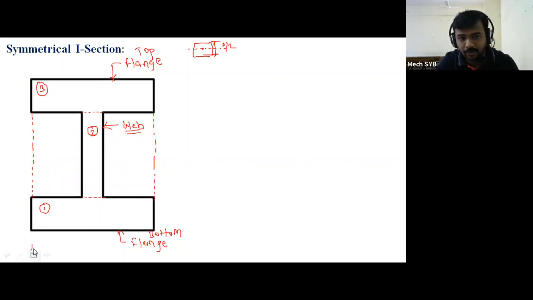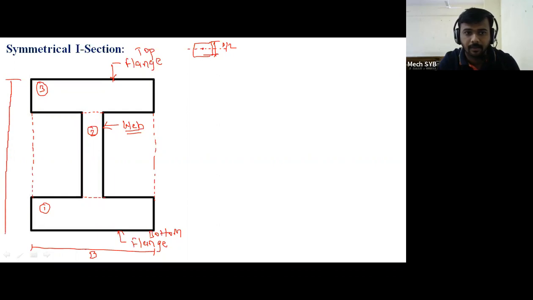So their bottom distance, capital B, then this vertical distance, capital D. If the bottom side is capital B, then the vertical side is also capital B. Then this web has its width as small b, and its depth as small d. So represent all the dimensions.